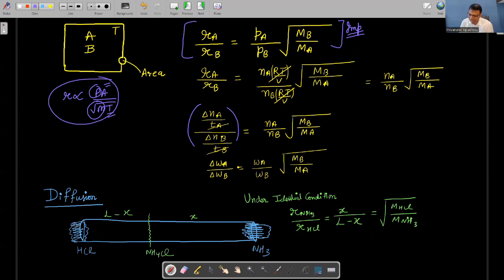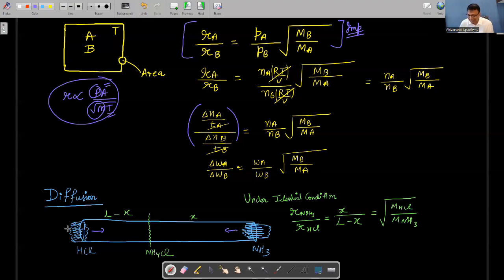In the tube there is oxygen and nitrogen, air is already there. So when the ammonia gas is going through, it is colliding with the nitrogen and oxygen present here. When the HCl gas is going through, it is colliding with the air present in the container. So diffusion is a more complicated thing to discuss theoretically.